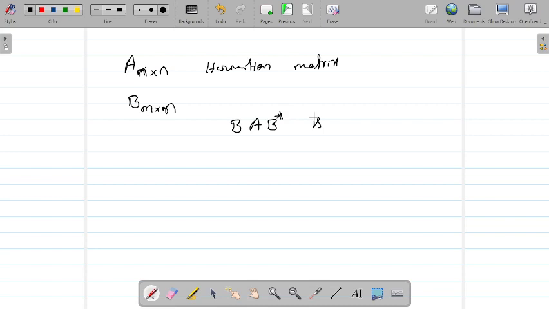Therefore, we can say that AB is Hermitian if AB equals BA.